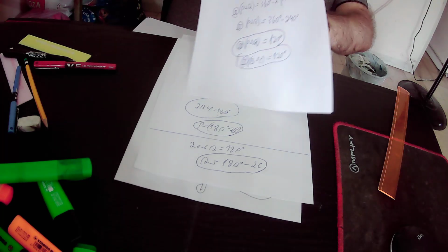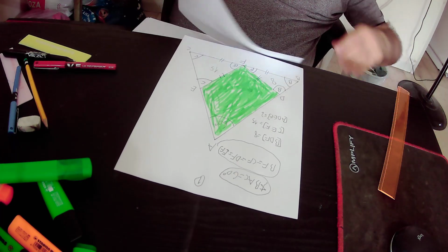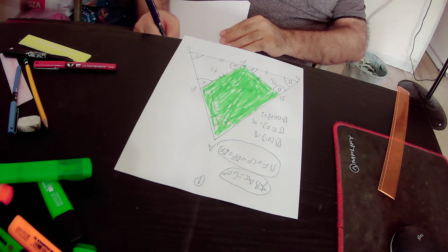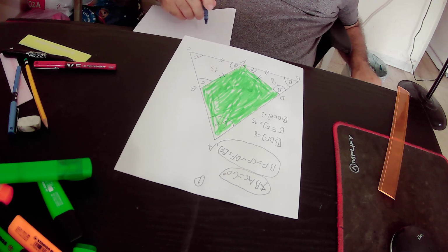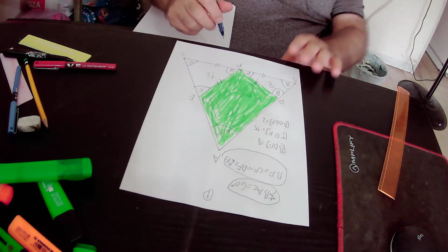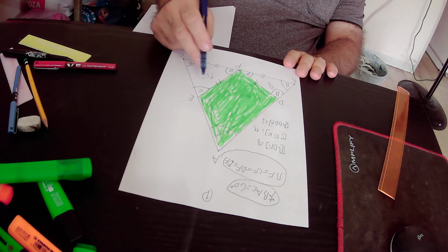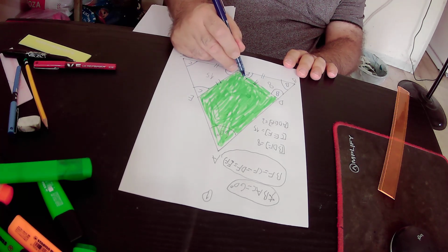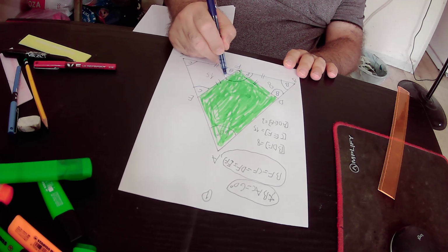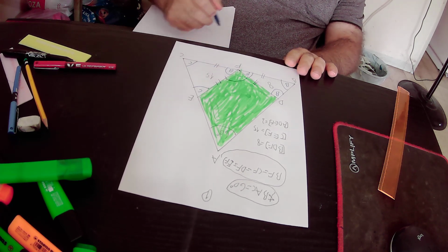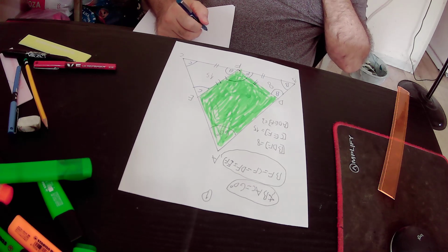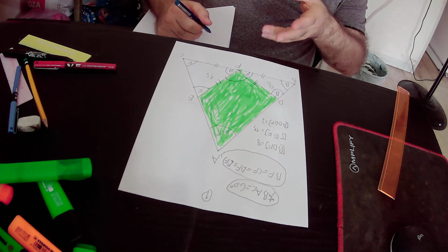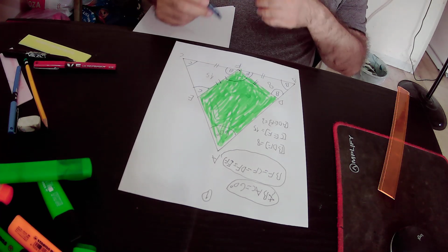Okay, so in the next step we will find out the size of angle EFD. We will find out the size of angle EFD, this angle. We have actually, according to rule number 3, we will find out the value of this angle.